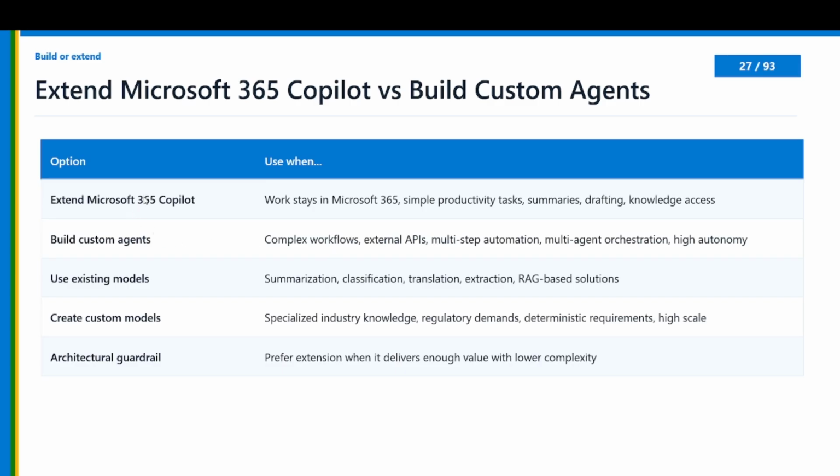Okay. So let's look at what we have here. Extend Microsoft 365 Copilot versus build custom agent. Remember, you can build a custom agent simply by giving a prompt or fine-tuning Microsoft 365 Copilot. I've built some myself. I built a data analysis agent that allows me to analyze any data. I built a data engineer agent that helps me generate code.